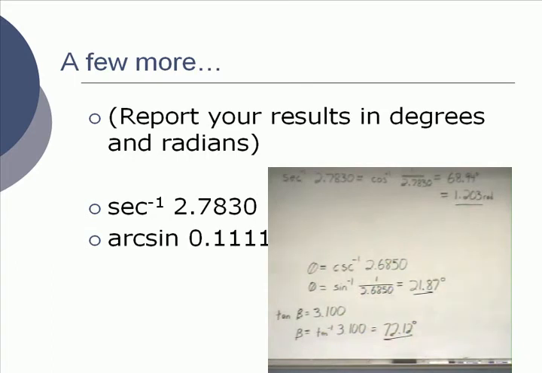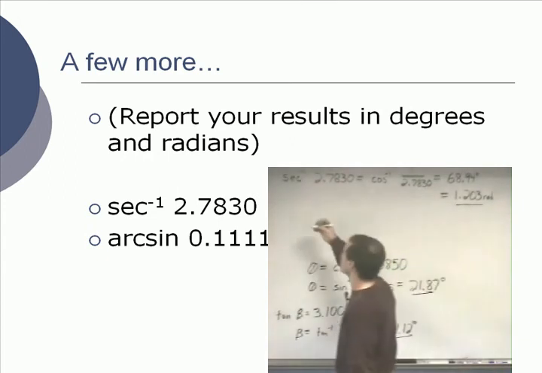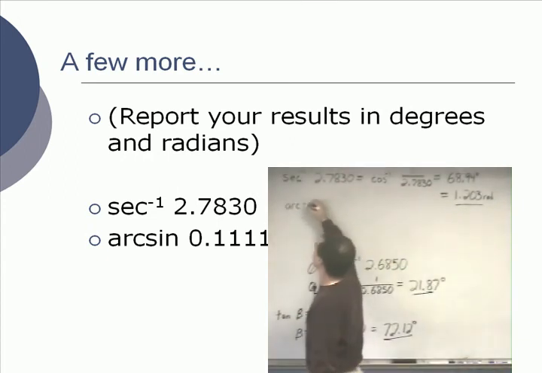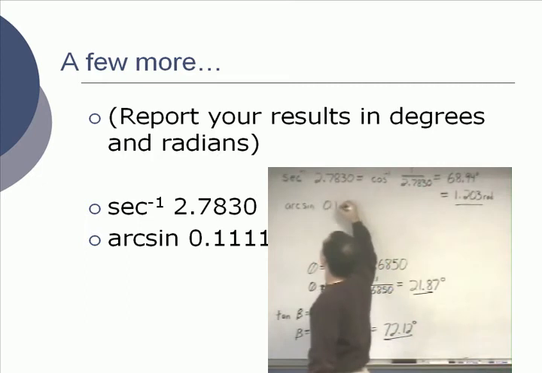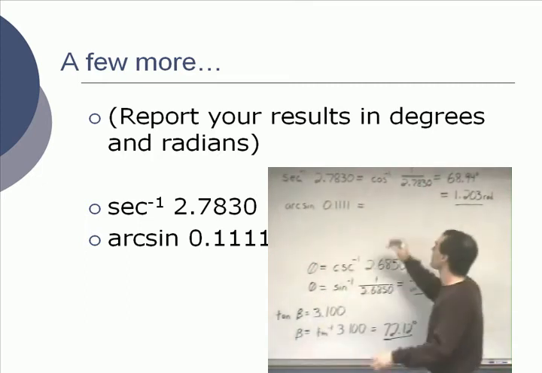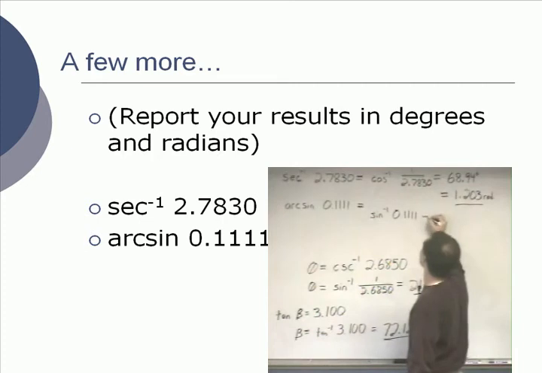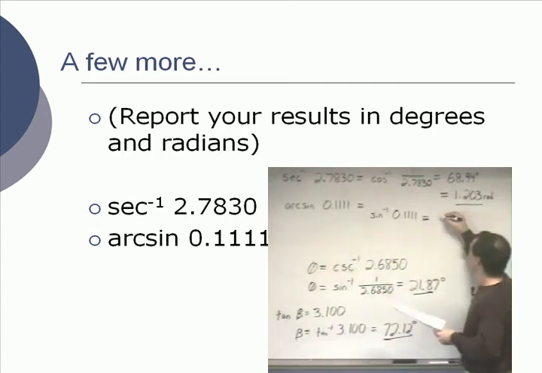Arcsine of 0.111. Now, do we need to take a reciprocal here or not? Grant, this directly addresses your question. No. Arcsine is the same as inverse sine. You can just do that directly. You should get 6.38 degrees.